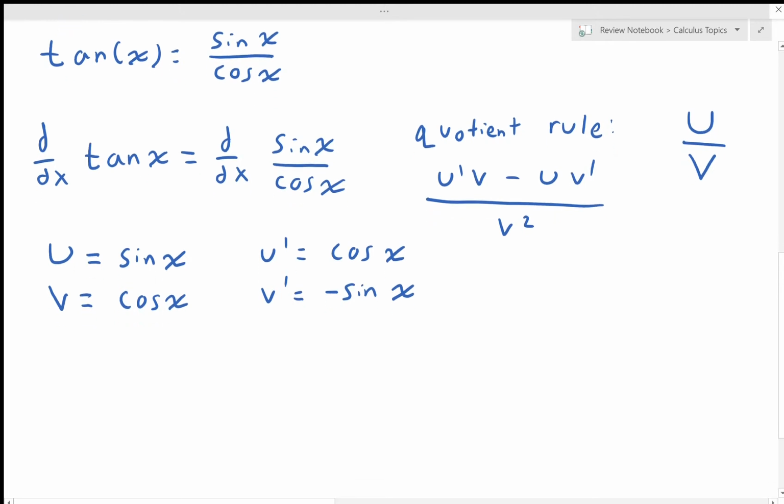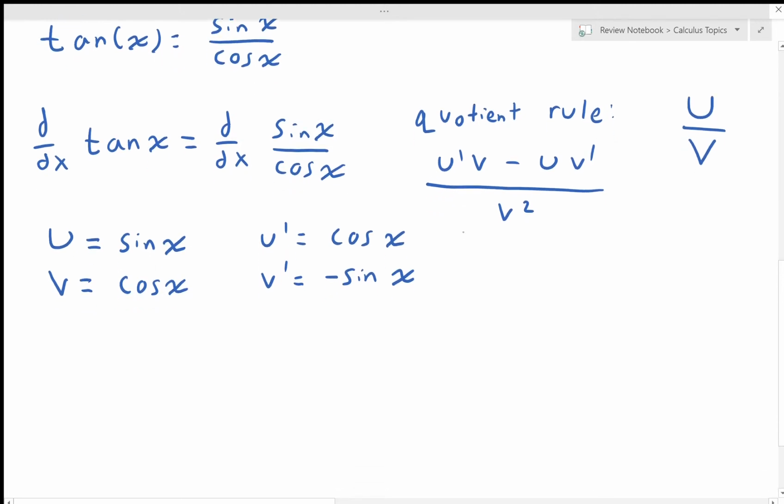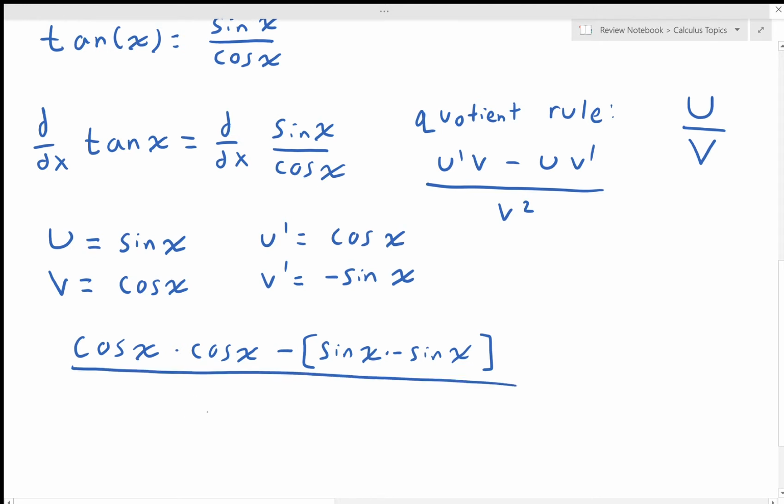So using that, I'm going to plug it into our formula right there. So u prime I know is cosine x. I'm going to multiply that by cosine x, which is v, minus, we know u is sine x, I know v prime is negative sine x, that's multiplication, over v squared, which would be cosine squared x.